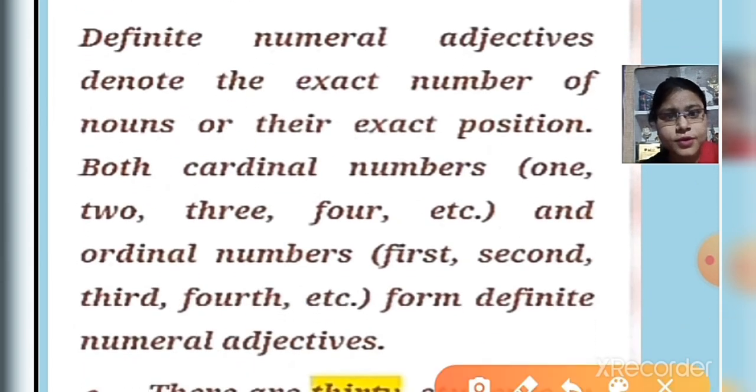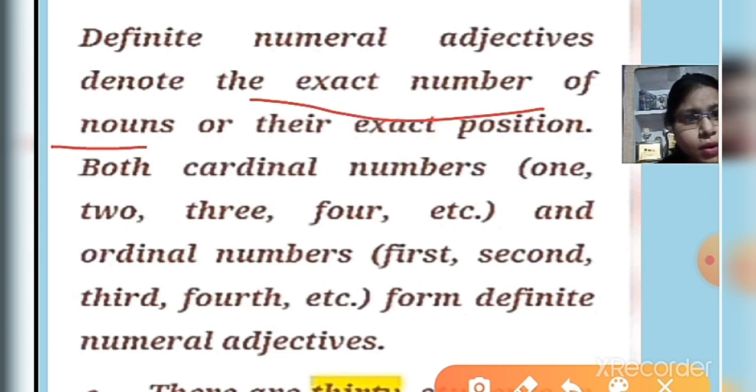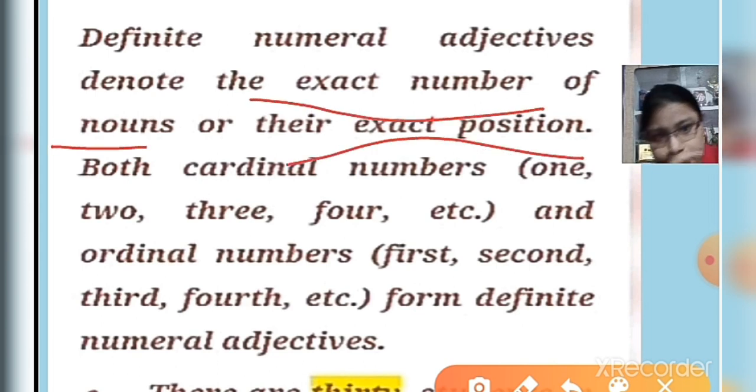Definite numeral adjectives denote the exact number of nouns or their exact position. It always shows the exact number of nouns or their position. Clear? Both cardinal numbers 1, 2, 3, 4 and ordinal numbers first, second, third form definite numeral adjectives.